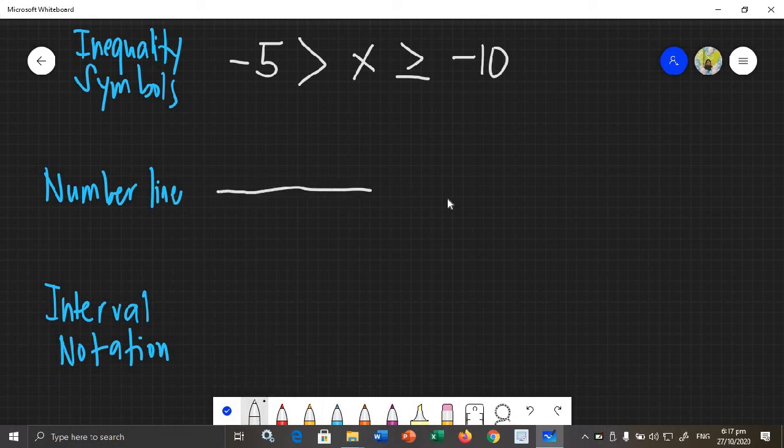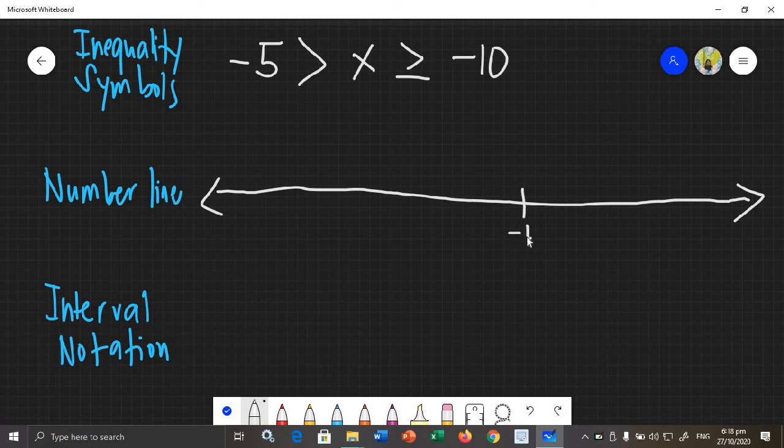So let's create a number line. And then we have negative 5 up until negative 10. Okay? And then it says here, negative 5 is greater than x, but x is greater than or equal to negative 10.